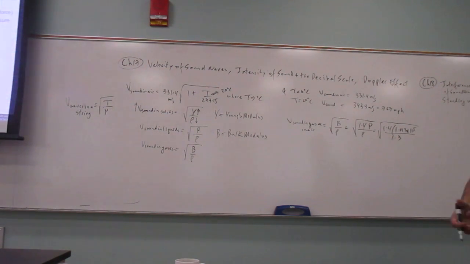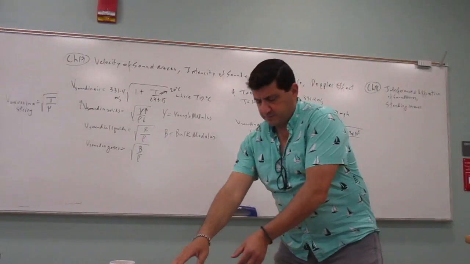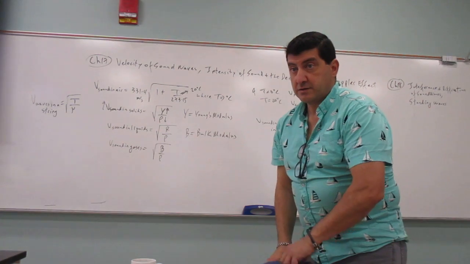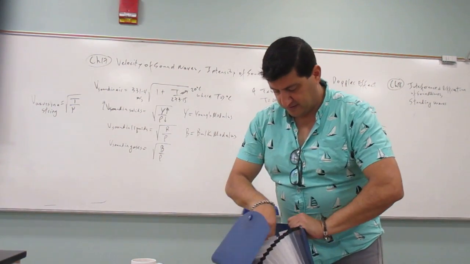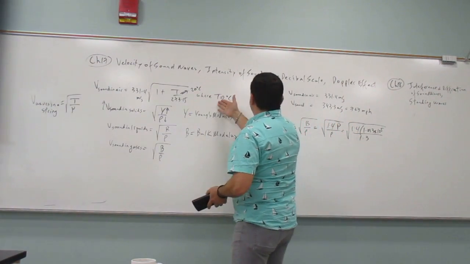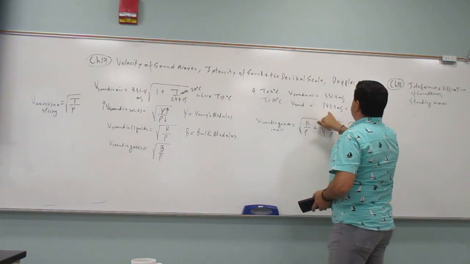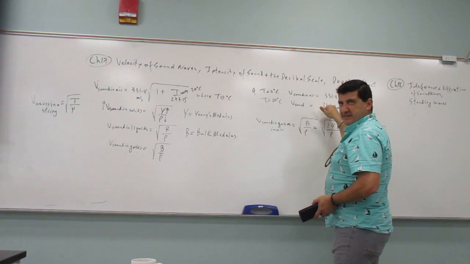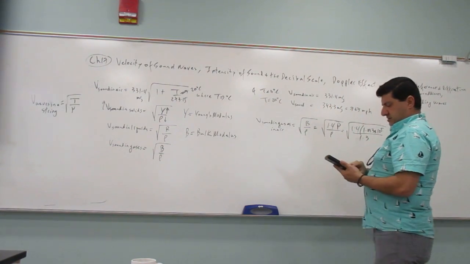So that would be the velocity of sound in air, right? Let's see what that gives us. Would that give you the velocity of sound in air when the temperature is equal to zero? I want to see what it is going to give us. Is it going to give us the 331, the 343, somewhere in between? We don't know, you see.